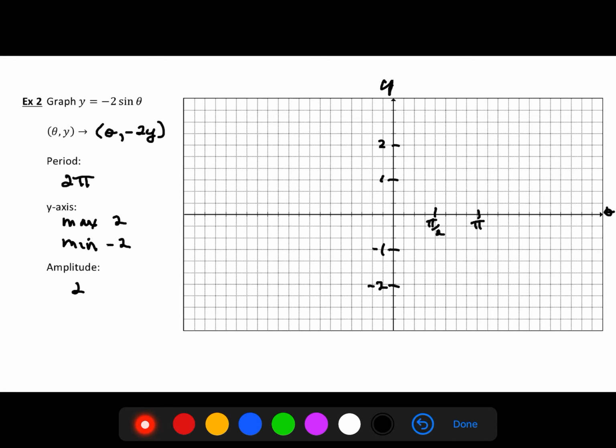Our x-axis, because we're using radians, but we can still use every 4 blocks, is pi over 2. Because remember, 360 is equal to 2 pi.